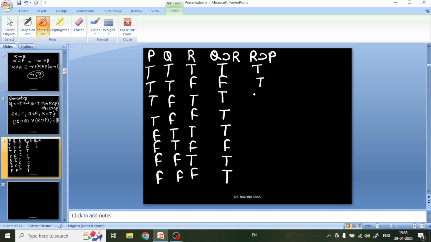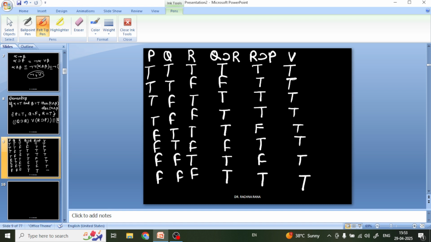False, true, true. True, true, true. False, true, true. False, true, false, false. False, false, true. True, false, false. False, false, true. Now take OR of both. True, true, true, true, true, true, true. This is a tautology.